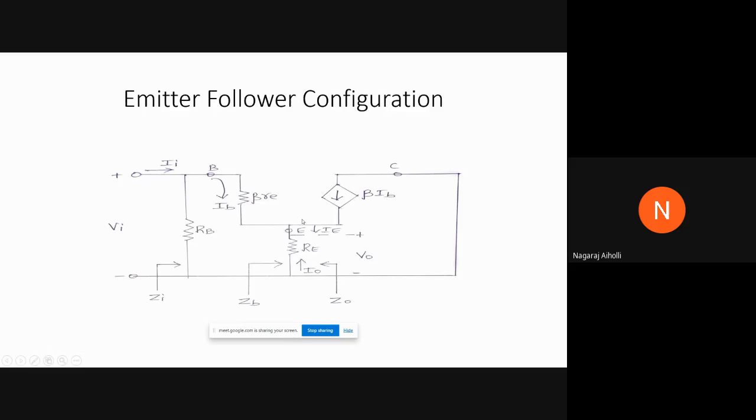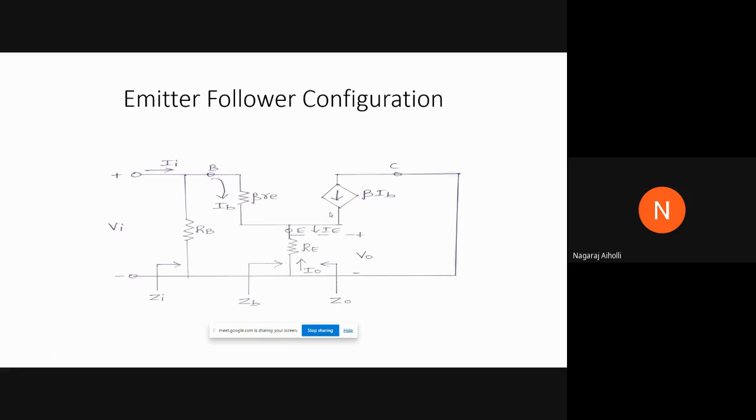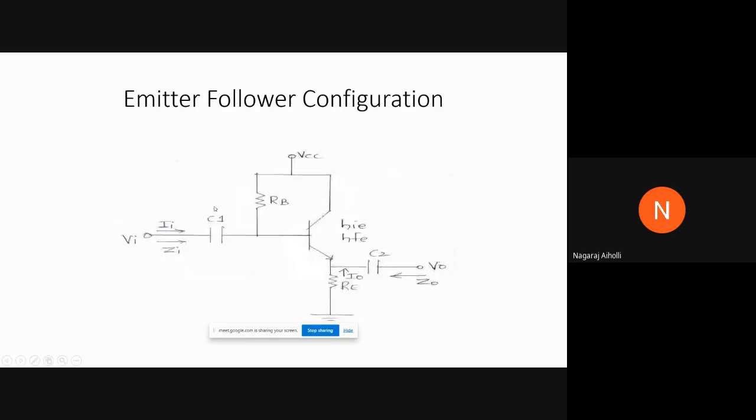Whatever analysis we perform in module 2 is all AC analysis, while in module 1 we studied only the DC analysis. From the AC equivalent circuit we get the RE model, so I am drawing that RE model here for the emitter follower configuration.